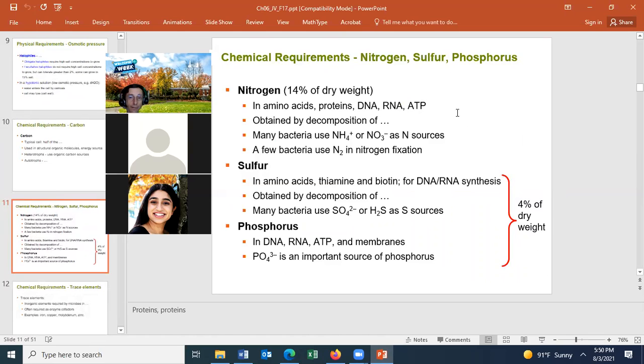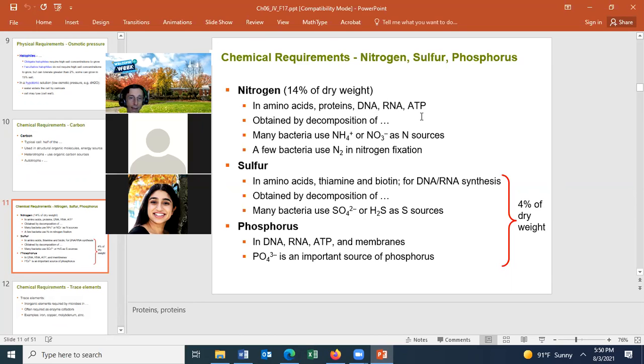Cells also have a nitrogen, a sulfur, and a phosphorus requirement. All cells have to have these elements. Nitrogen is 14% of the dry weight of the cell. We find nitrogen in amino acids, obviously proteins, DNA, RNA, and ATP.